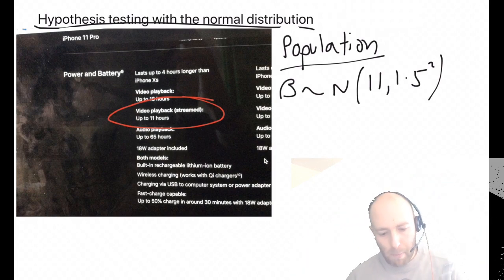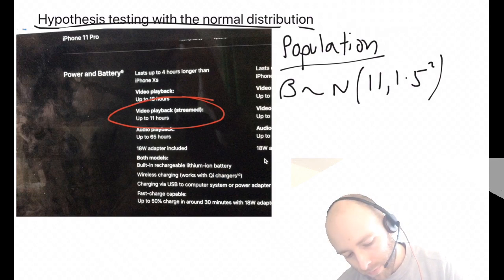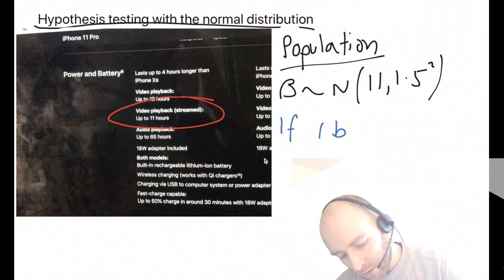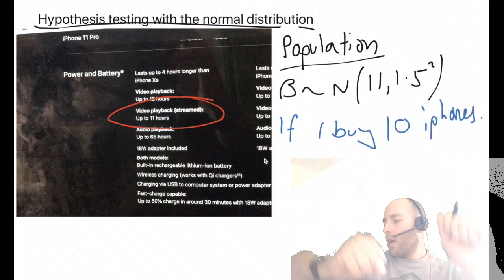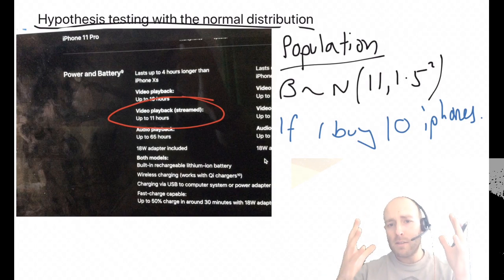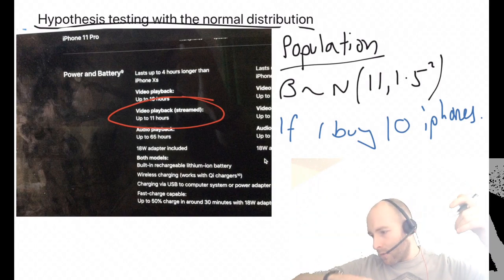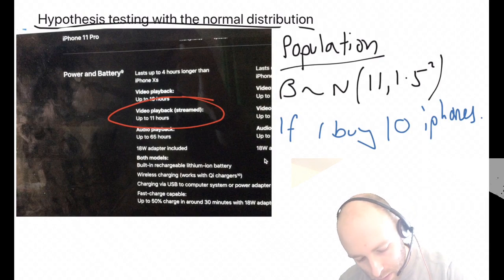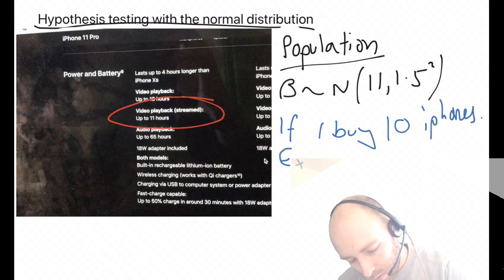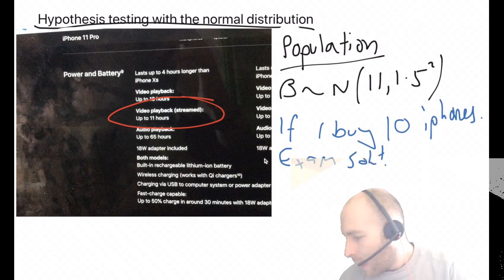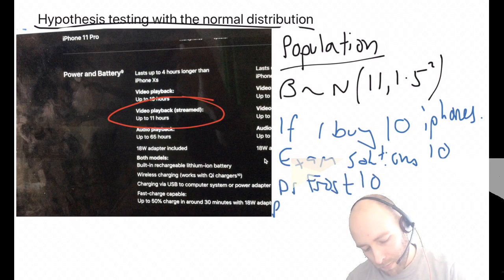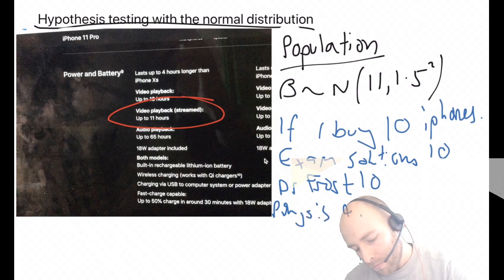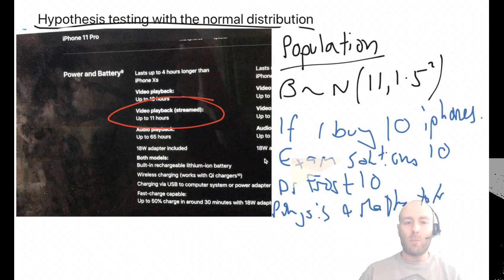So if I bought 10 iPhones, which I can afford now because I'm a big streamer, so if I bought 10, and if all the other Maths YouTube channels bought 10 as well, so like Exam Solutions buys 10, and all the other ones, Dr. Frost buys 10, and Physics and Maths Tutor, they all buy 10, so we've all bought 10 phones each.